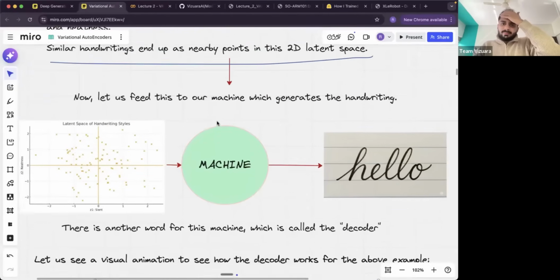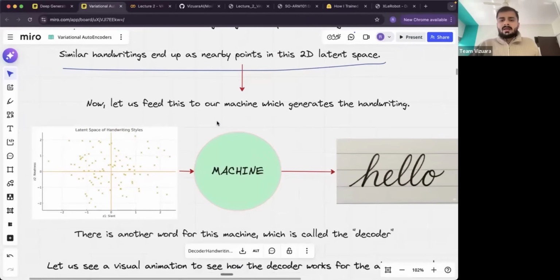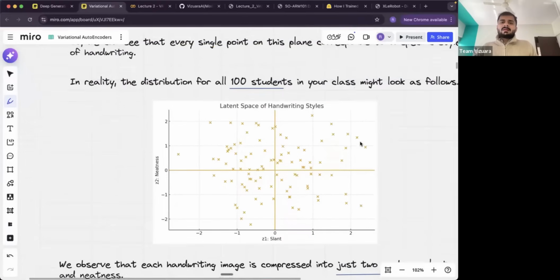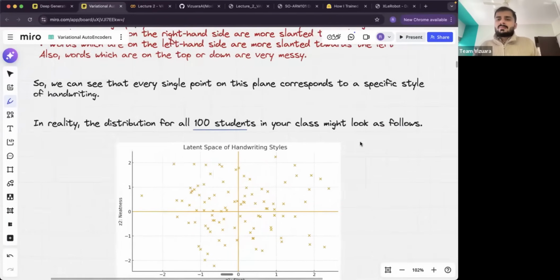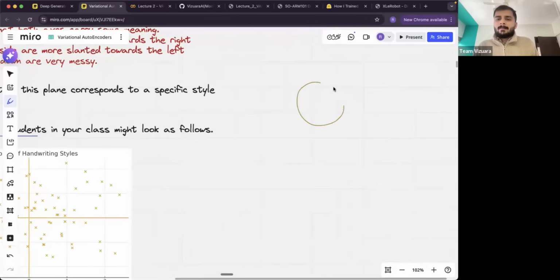Okay, so now the architecture for our machine looks like this. You generate the latent space, you pass this latent space as an input to the machine, and then you generate the output. This process of transforming the images from the real space to the latent space is done by an encoder.